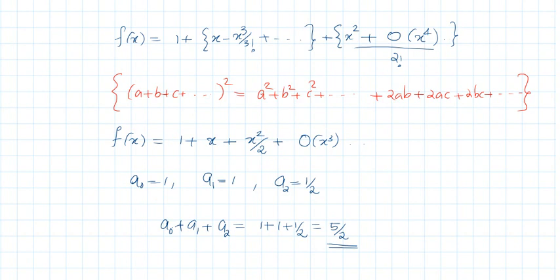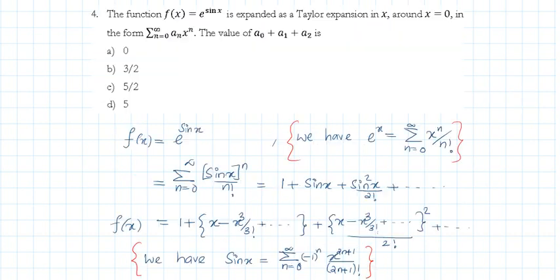Coefficient a1, it is the coefficient of x raised to 1, it is 1. And the coefficient of x square, it is a2, that is 1 by 2. The sum of the 3, a0 plus a1 plus a2 becomes 1 plus 1 plus 1 by 2, and that is 5 by 2. So the correct answer is option C. I hope it is clear.